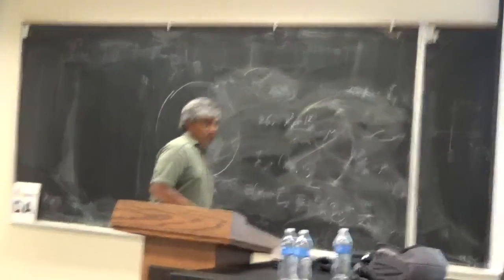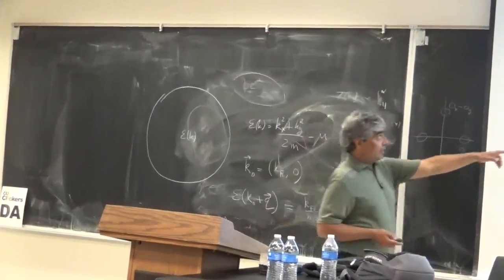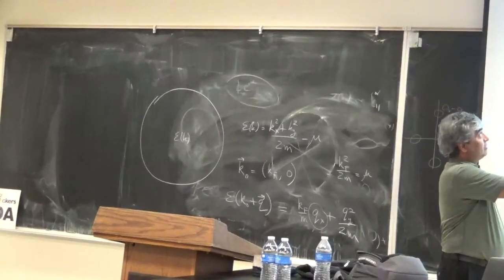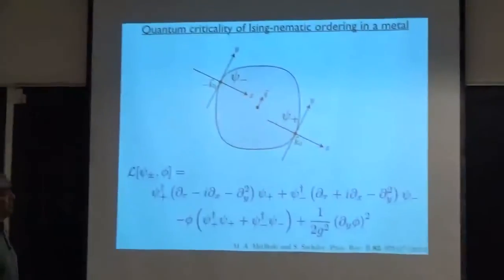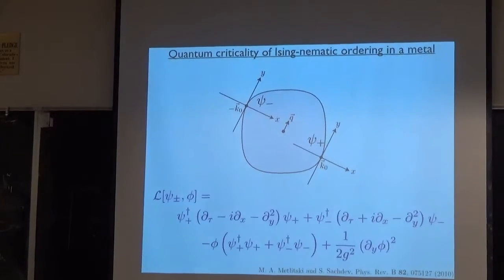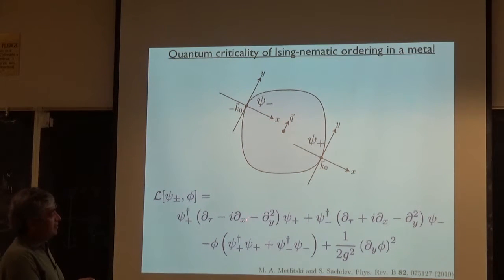Okay. So therefore I have a fermion here I call psi plus, and a fermion here I call psi minus, and this is the theory then. So the fermion psi plus has a dispersion linear in x and quadratic in y. And psi minus is exactly the same, except the x direction changes sign. The dispersion, hole-like here, particle-like here.